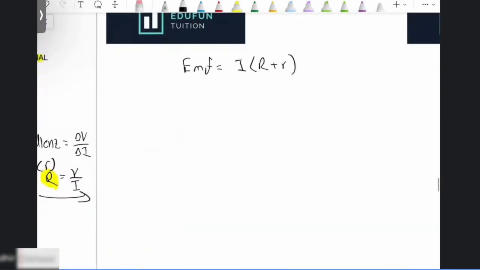We can see here, as much as this here is going to remain constant, we know that we have a formula that says that potential difference at source should be equal to your current total times your resistance total in your external circuit.